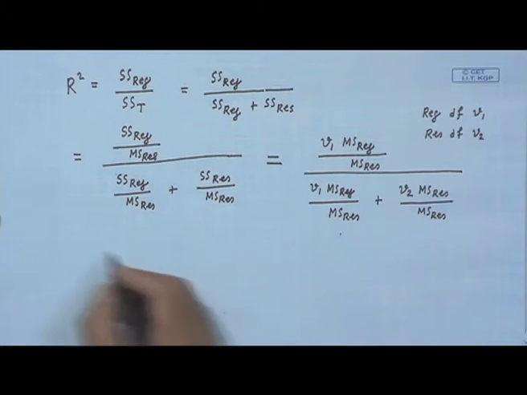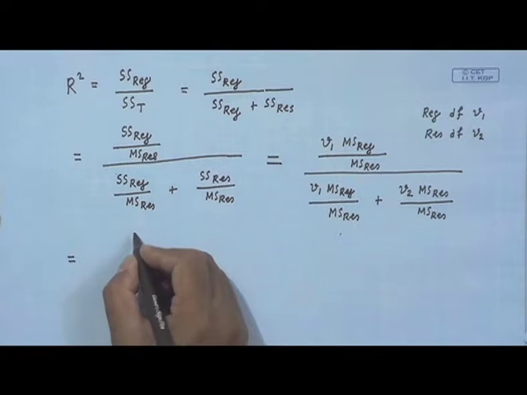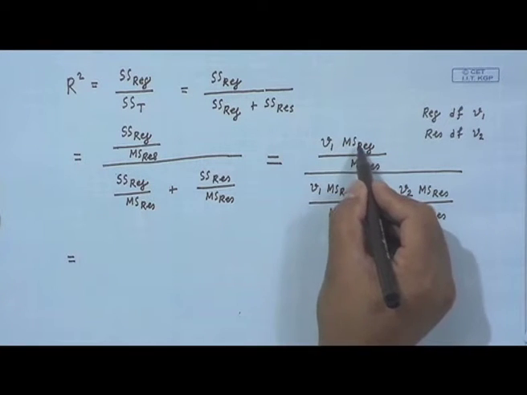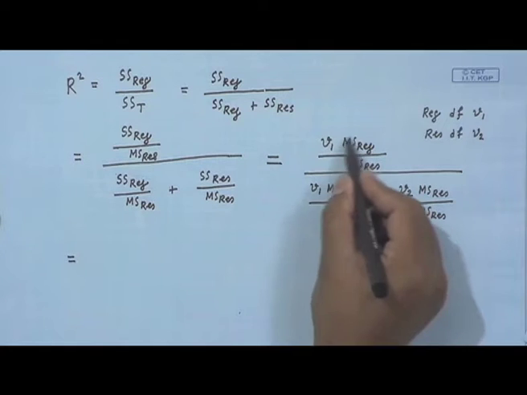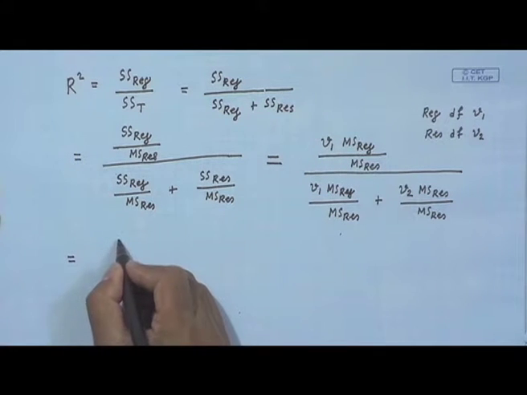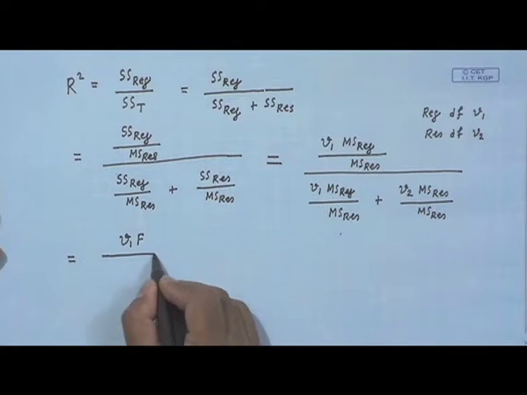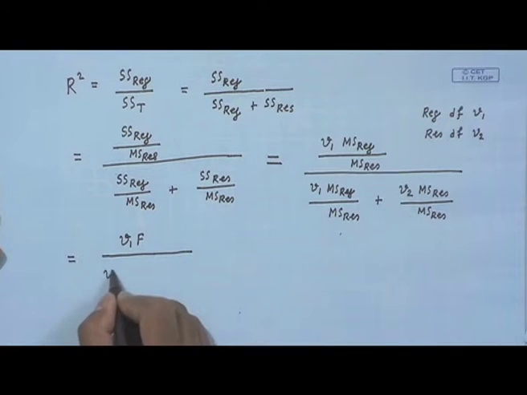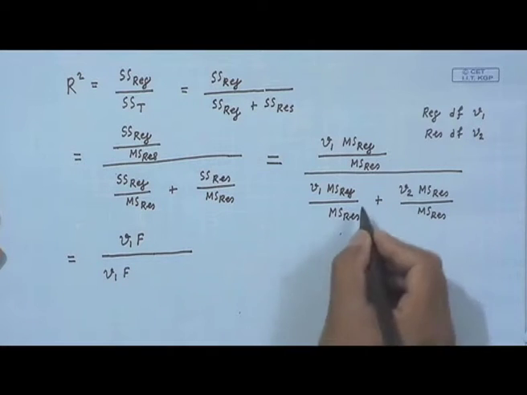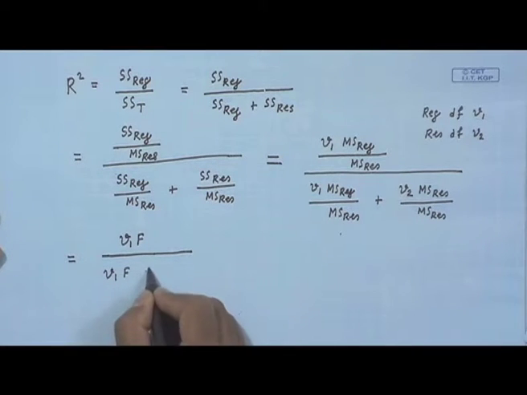Okay. So, MS regression by MS residual is nothing but F. So, this can be written as V 1 F by V 1 F plus V 2.